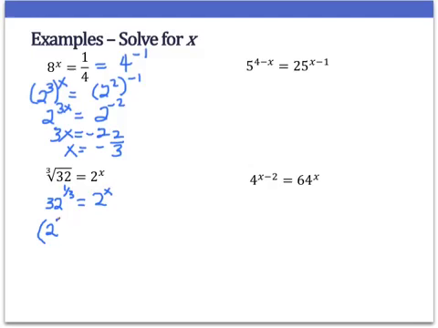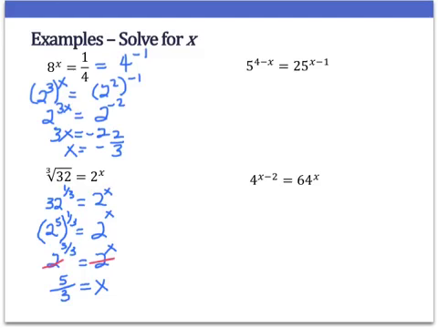And it turns out that 32 is 2 to the 5th. And then we have is equal to 2 to the x. And we'll multiply our powers together. 2 to the 5/3 equals 2 to the x. Drop the bases. And then what you're left with is 5/3 equals x.